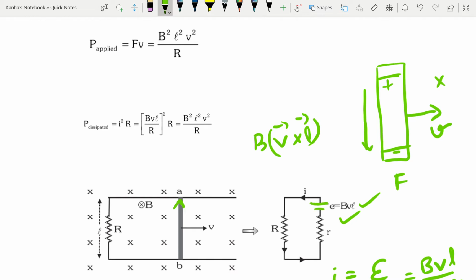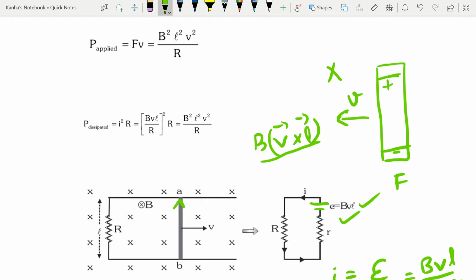What if my velocity of the rod was in the other direction? Let's say the velocity was in this direction. If the velocity is in this direction and the magnetic field is inside the plane, then by using this equation, I can easily find the force on the charge carriers.